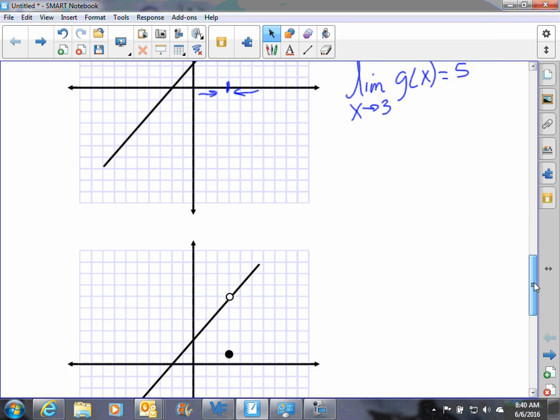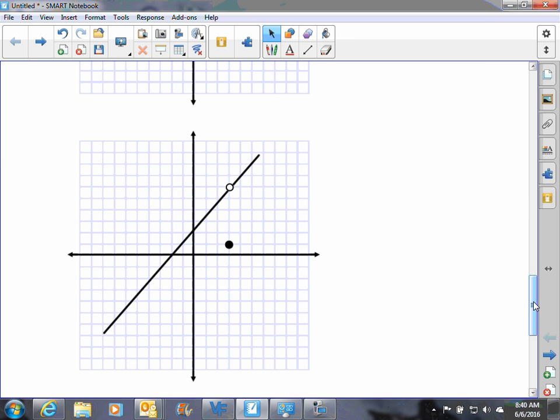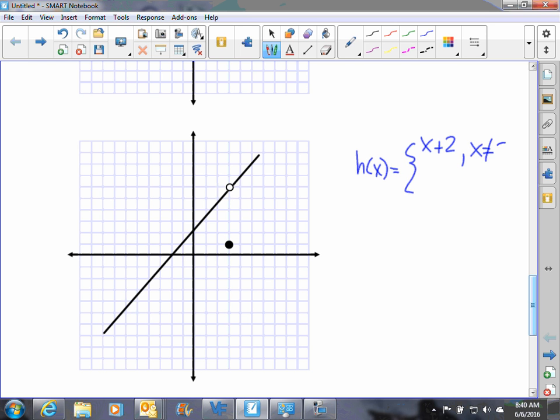Now, let's try it again. This time, let's let h of x be the mustachioed function x plus 2, x not equal to 3, and 1 if x is equal to 3. Now, here's 3 again, and h of 3 is actually 1, but as we approach 3 from the left, the value is approaching 5 from the left here.